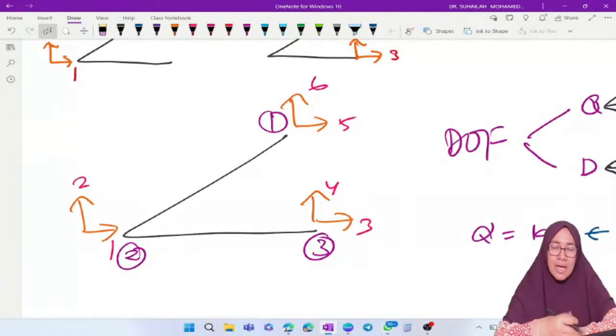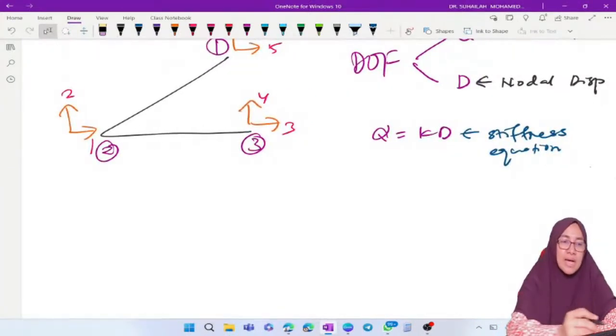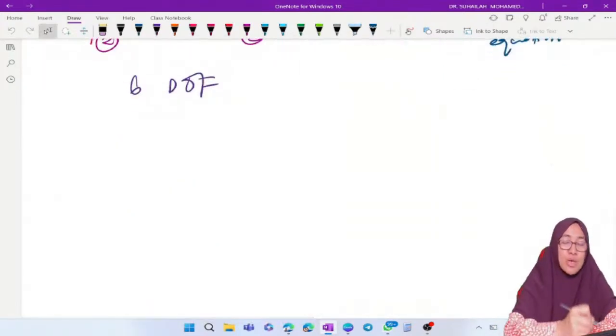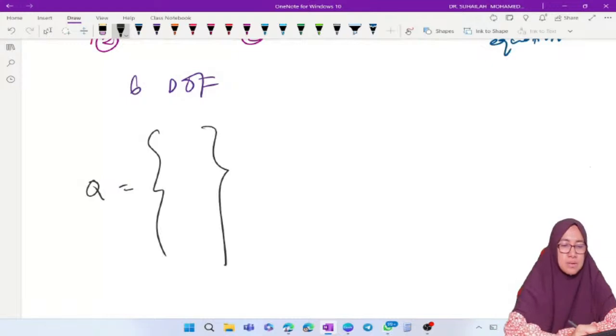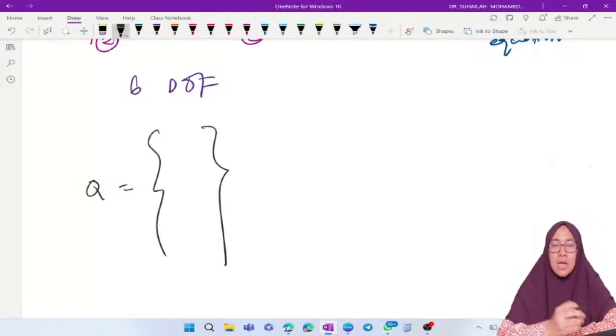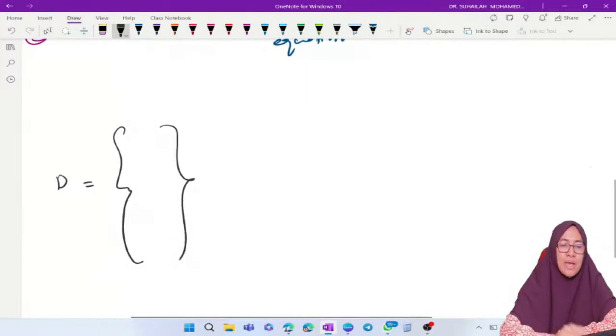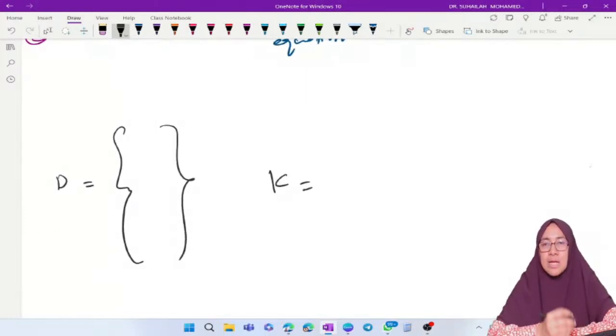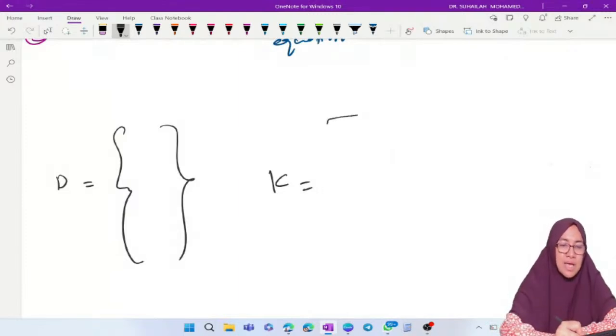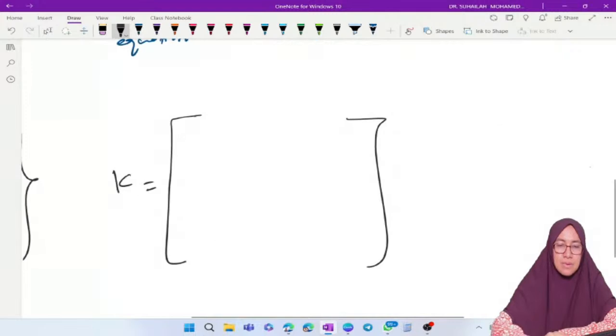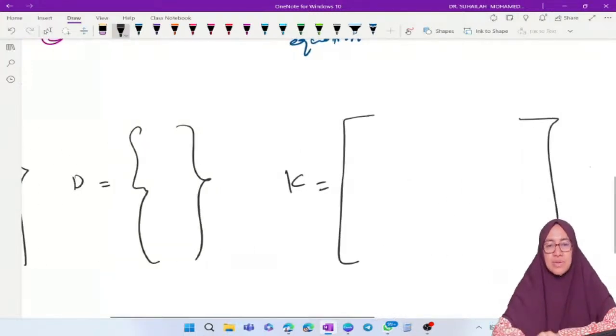If this truss has 6 degrees of freedom, it means that we will have 6 values of Q, and we have D, which is 6 values of D. And we have K, the structure stiffness matrix K, which is a 6 by 6 matrix.